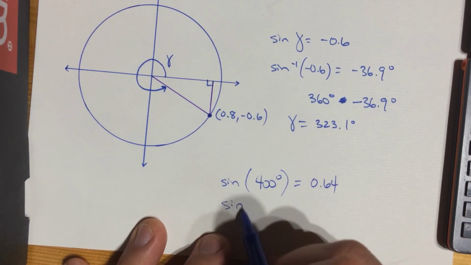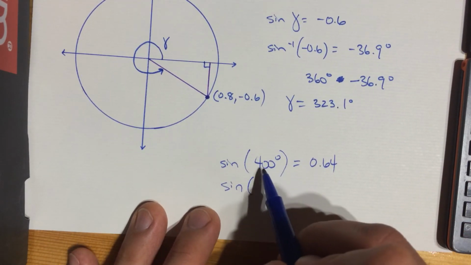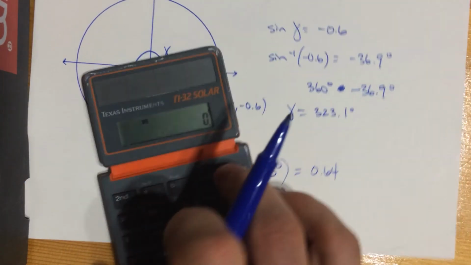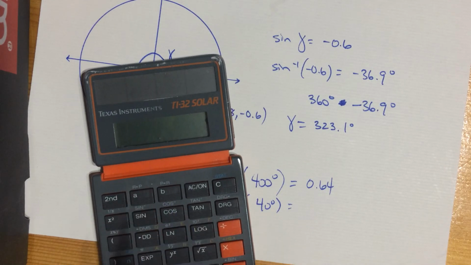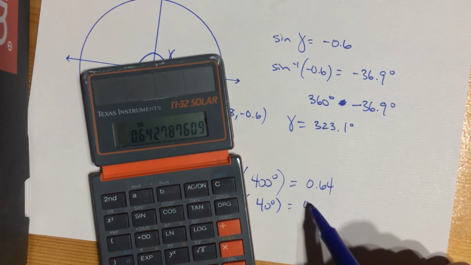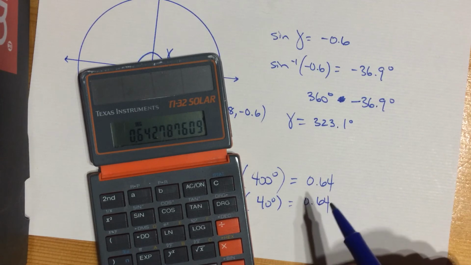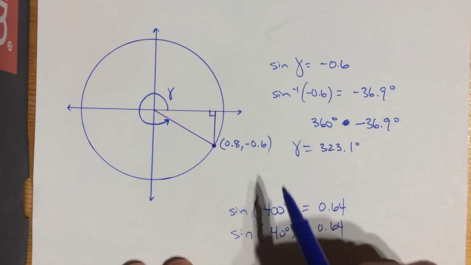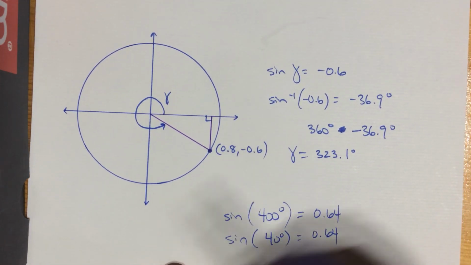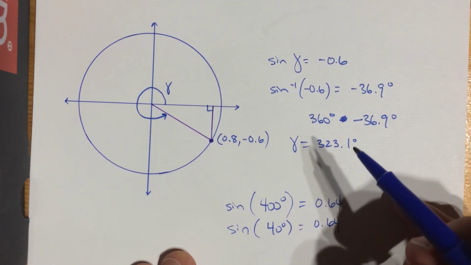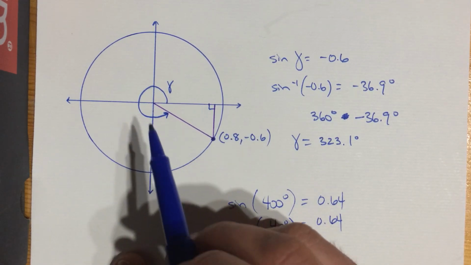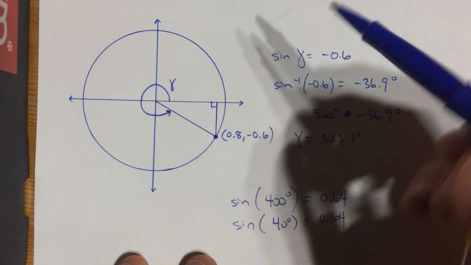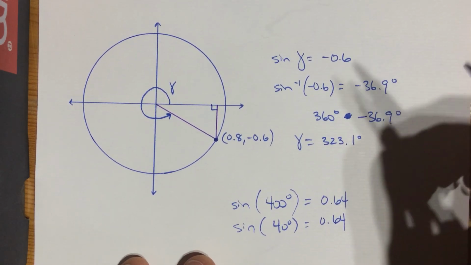That is the same as the sine of 360 less than that, which is 40 degrees. 40 degrees, hit the sine function again, is also 0.64. And so any angle that you have, you can either add or subtract 360 to it, and you'll get the same value for sine every time, because sine is a periodic function. Over and over again, you can circle around here as many times as you want, and you're going to end up with the same values out of the sine function.